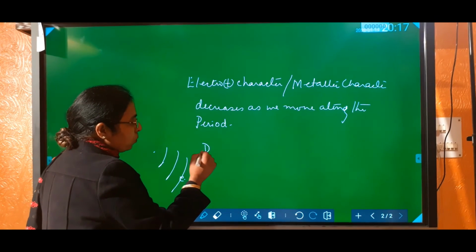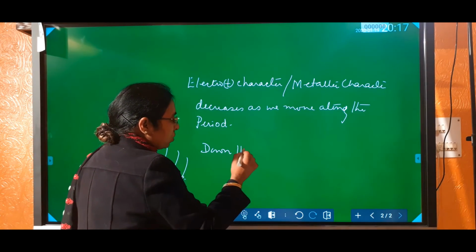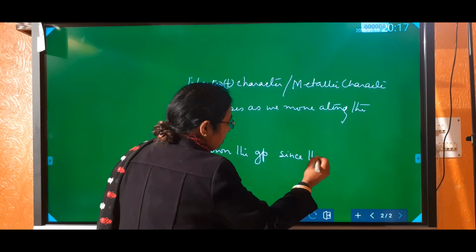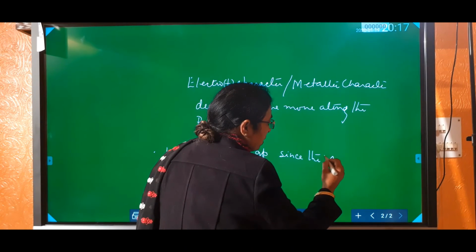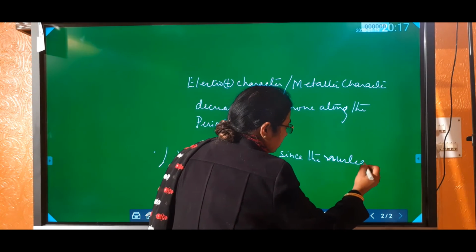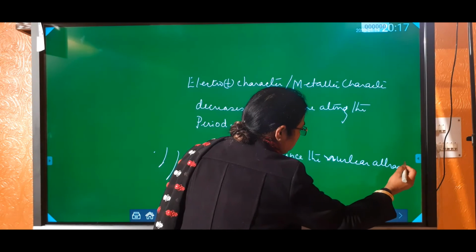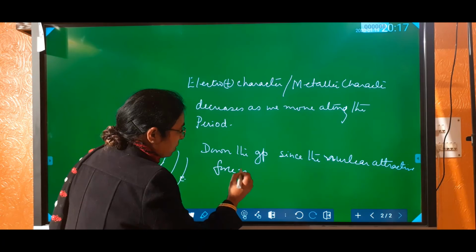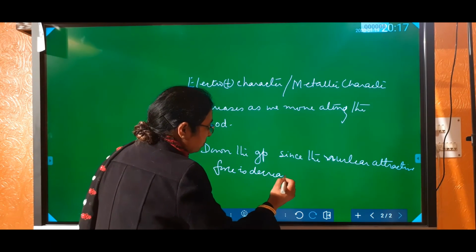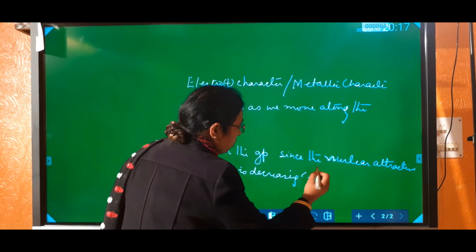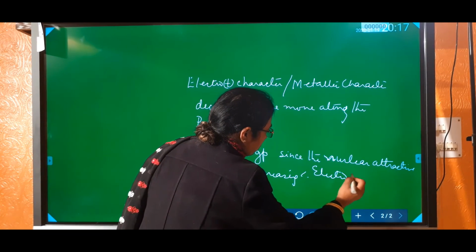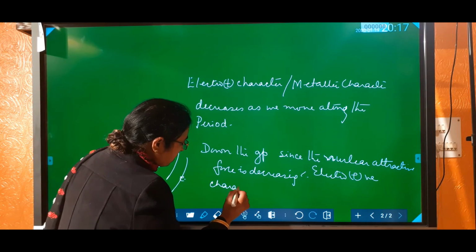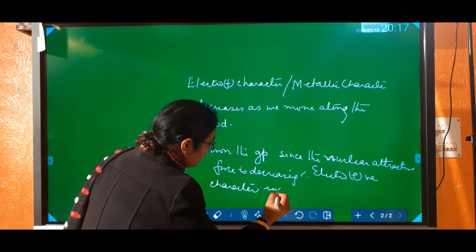Down the group, since the nuclear attractive force is decreasing, therefore electropositive character increases.